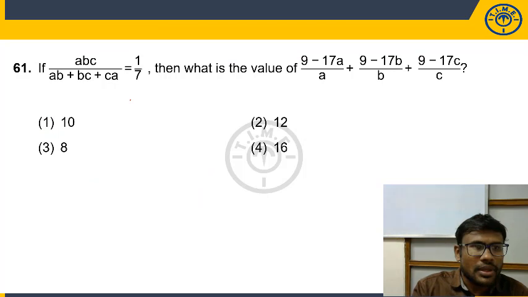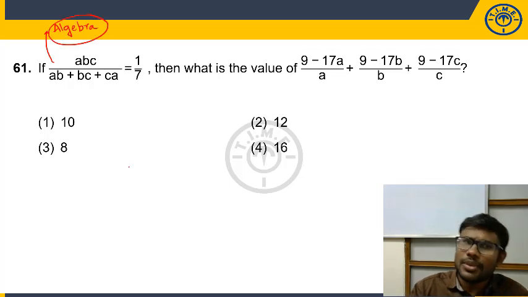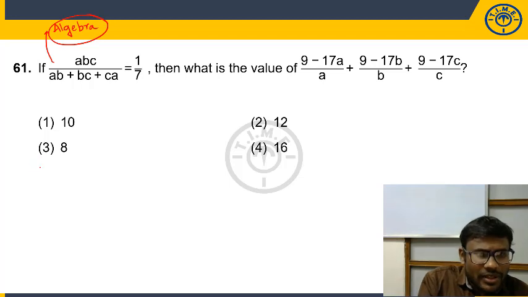Okay, if ABC by AB plus BC plus CA is 1 by 7. So this is an algebra question. What we are given is ABC by AB plus BC plus CA is equal to 1 by 7.